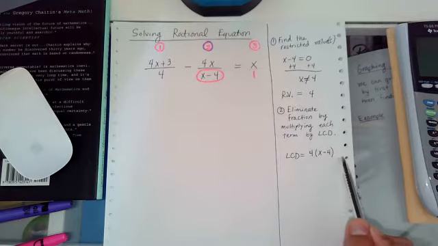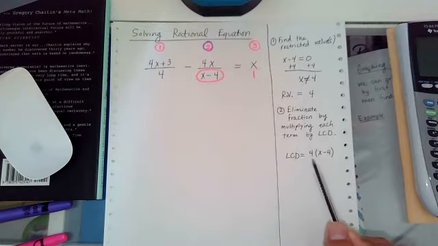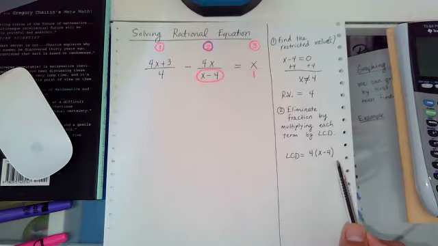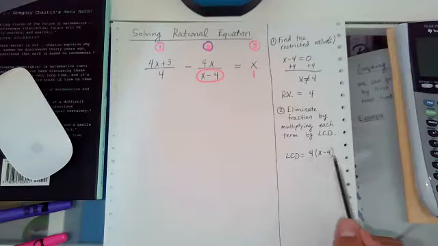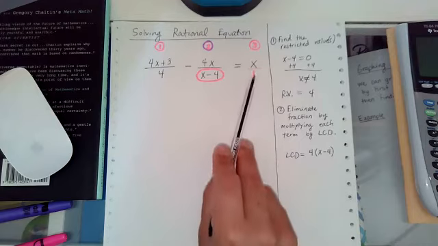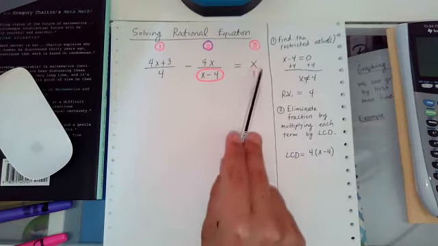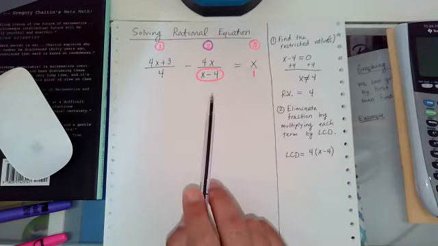And notice that I did not include the 1 here. Does anybody know why I did not include the 1? Because it won't change your answer? Yeah, exactly. Because it won't change the value of the LCD. So we can sort of ignore anything that has a fraction with the denominator of 1. Okay? Does that make sense?